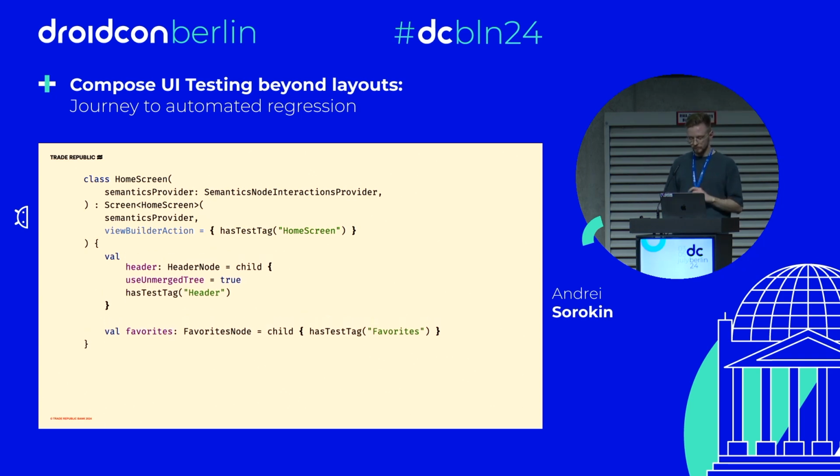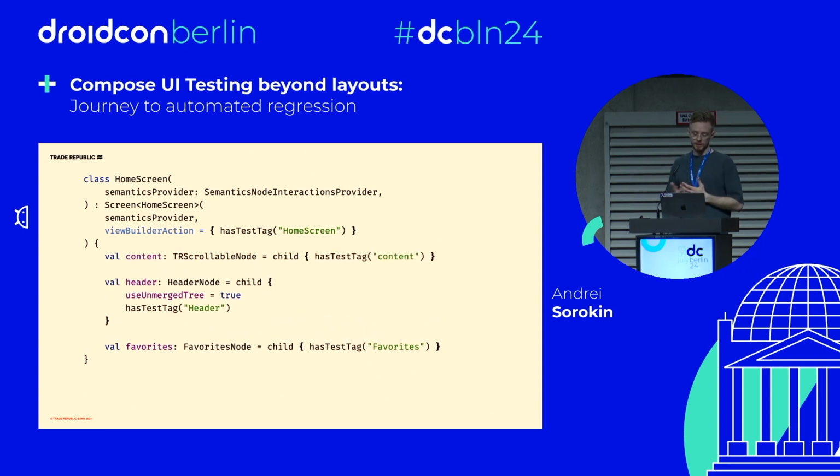And then we also need to scroll to it because, well, it's a scrollable container, right? And depending on device size, it could be visible, it could be not. So not to be flaky, you have to scroll to the content before you actually use it.